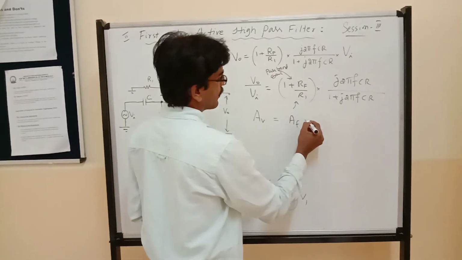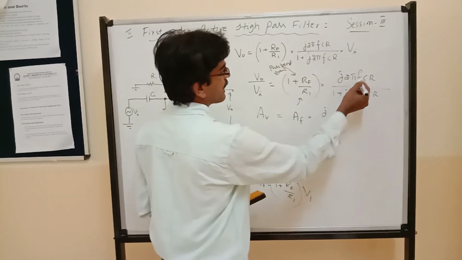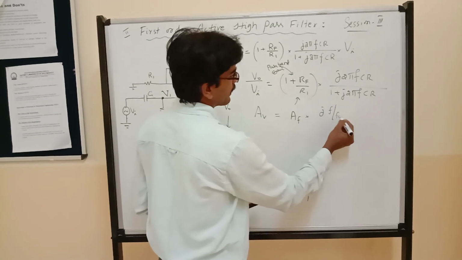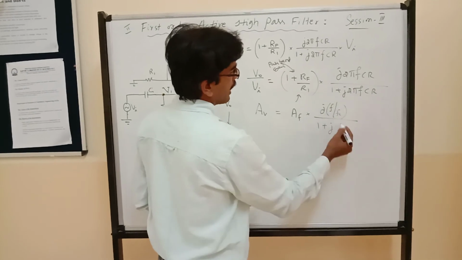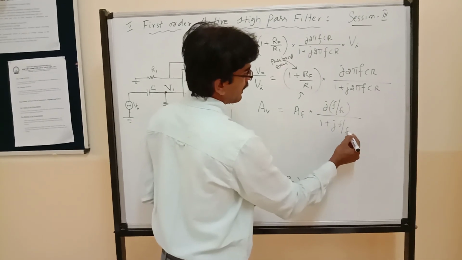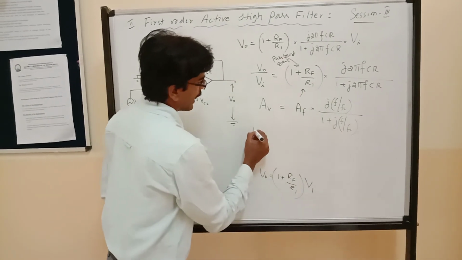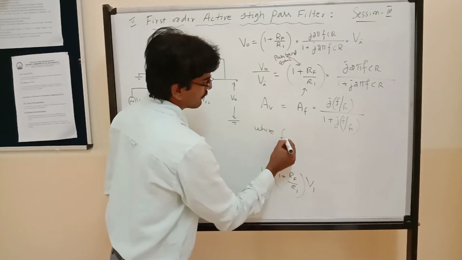So here into j, write this F as it is divided by FC, divided by 1 plus j, F divided by FC. Where, what is FC?